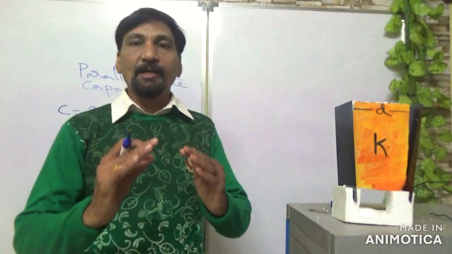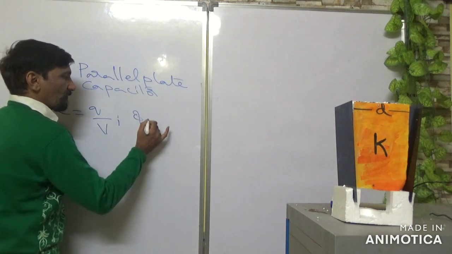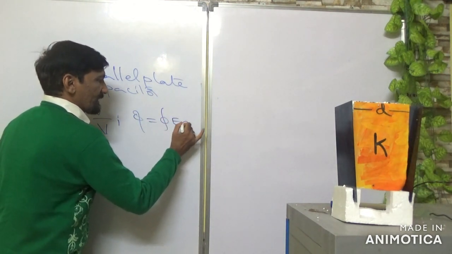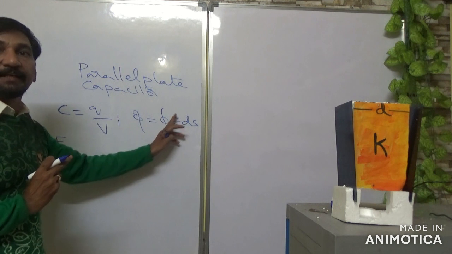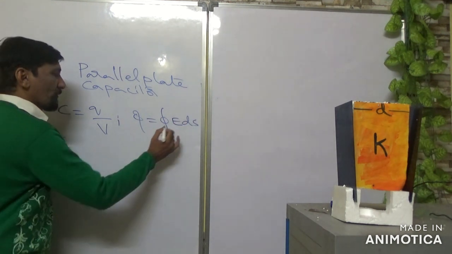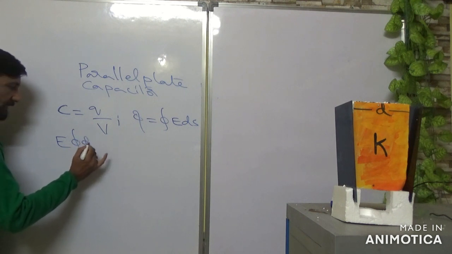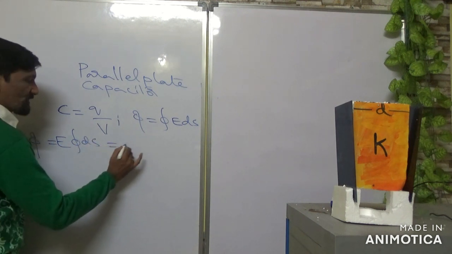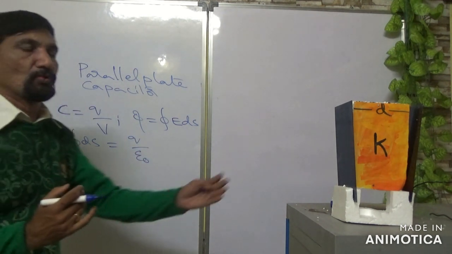Remember, electric flux is equal to the integral of E dot dS, which is taken as Q by epsilon naught when there is no medium.